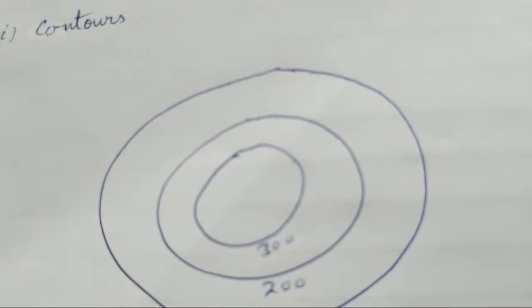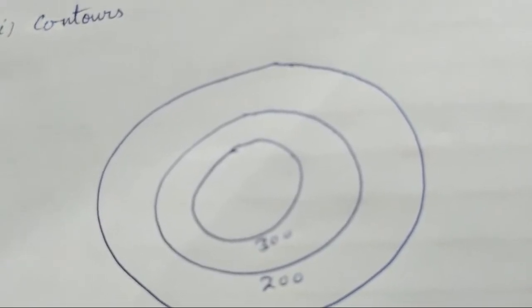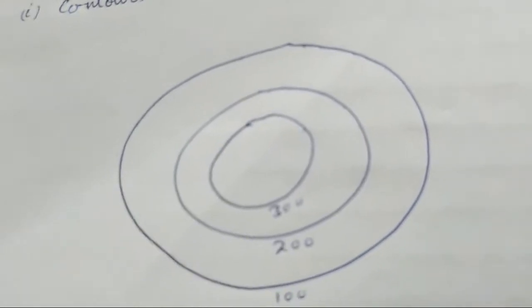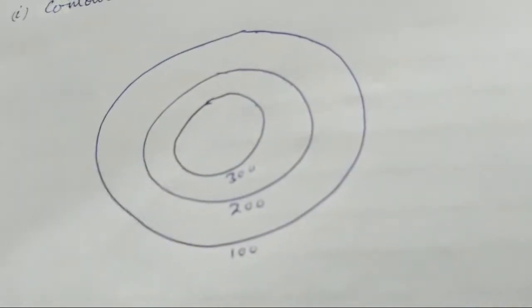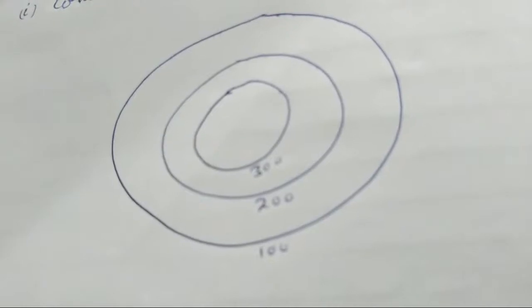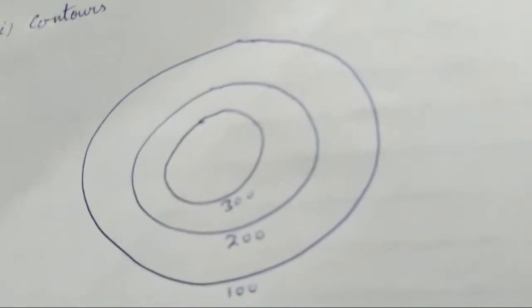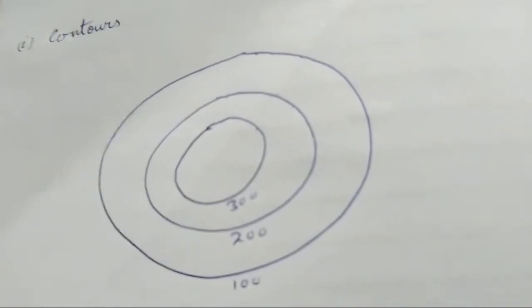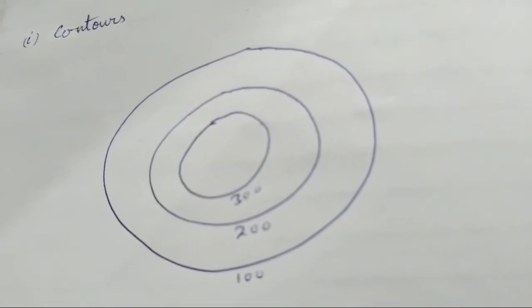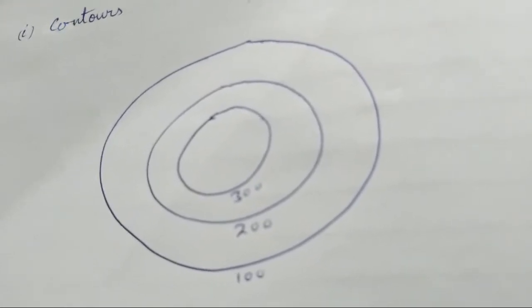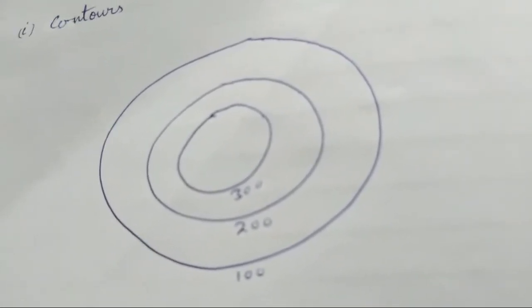Another one joins all the places having 300 meter. Right? So now, all of you write down the contour line. What do you mean by contour line? So, contour lines are imaginary lines which join all the places having the same height.